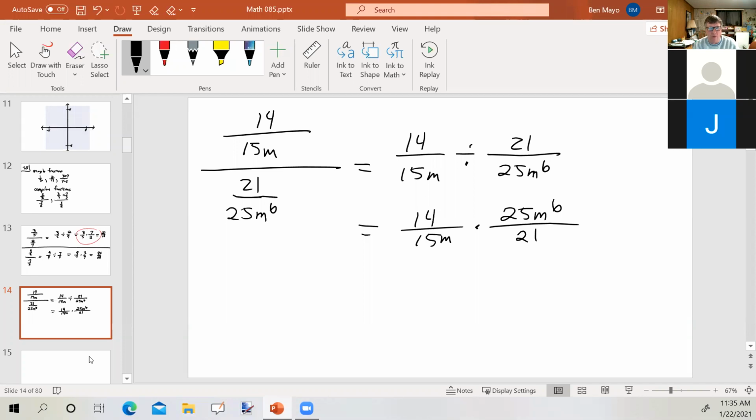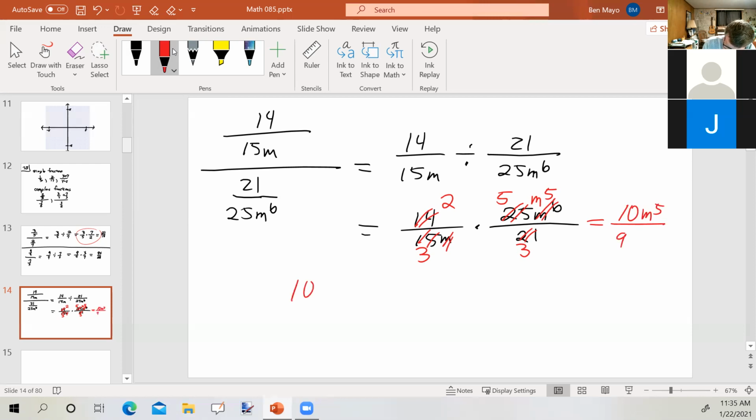Once again, at this point, we would multiply straight across, but finally, we can actually do some pre-reducing here. 25 over 15 reduces down to 5 over 3. 14 over 21 reduces down to 2 over 3. M to the 6th over m reduces down to m to the 5th. And we've got 10 m to the fifth over 9. Any questions about that?